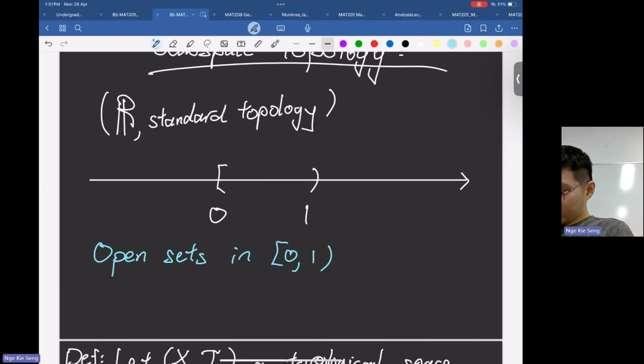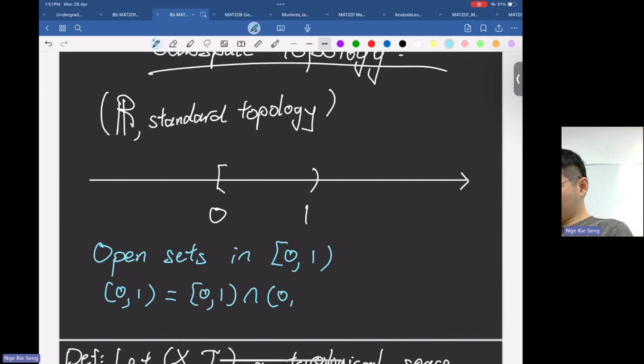Open on both sides. Okay. Why? Because you can write it as the closed interval 0 to 1 intersect with the open interval 0 to 1, but 0 to 1 is an open set in the standard topology. Okay, try another one.